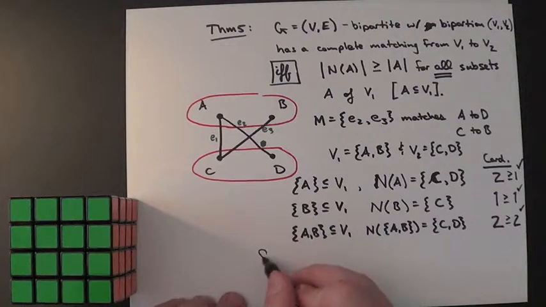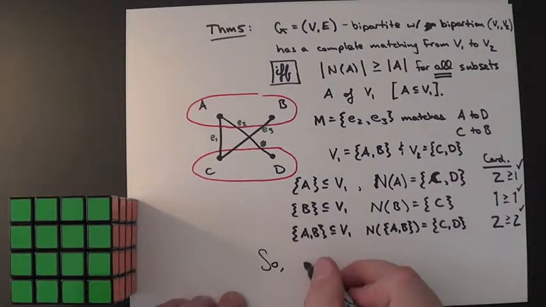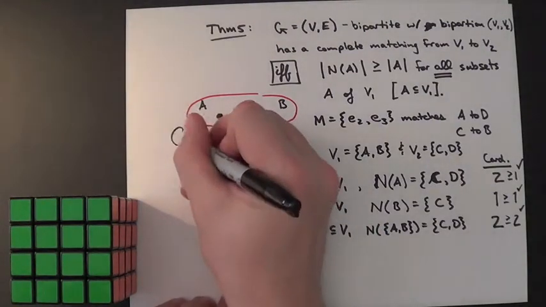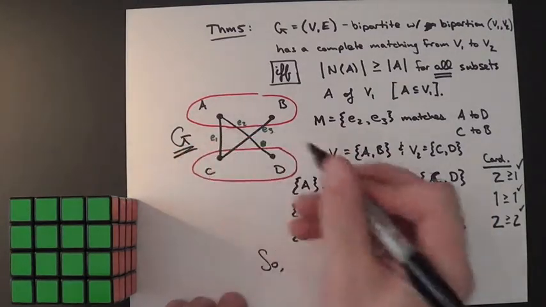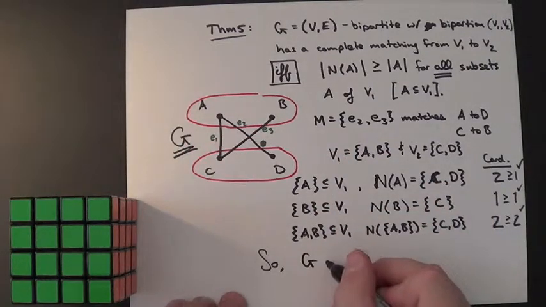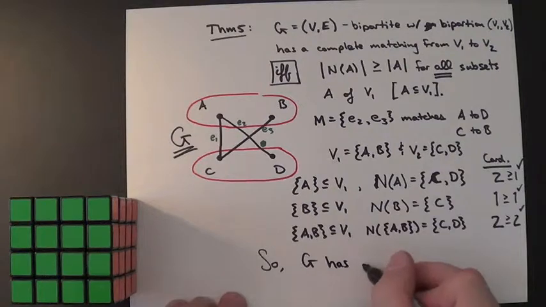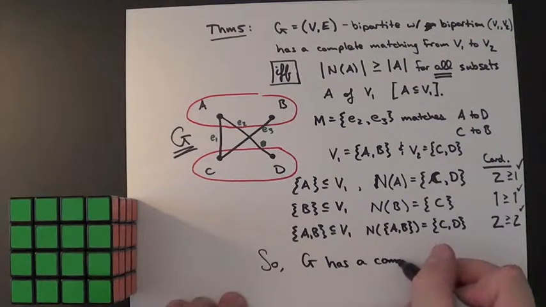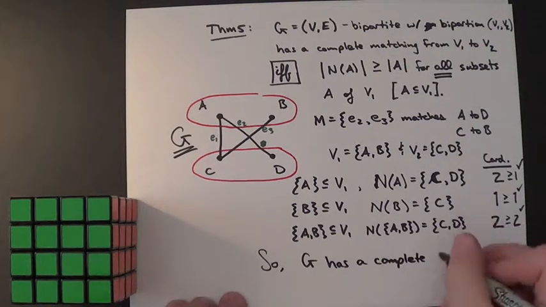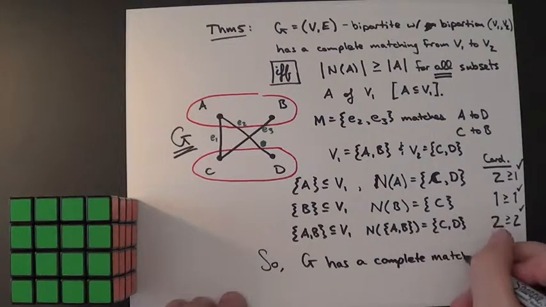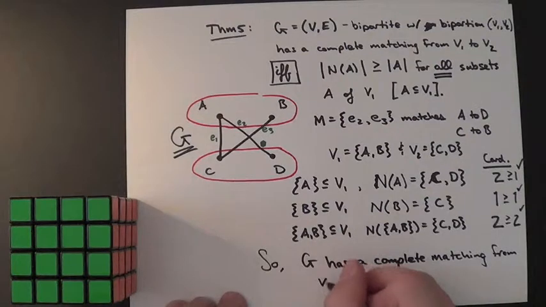So, as it should, if we call this G, G has a complete matching from V1 to V2.